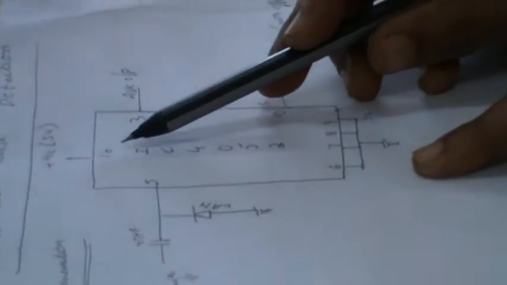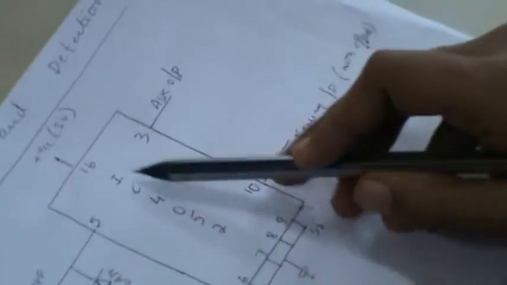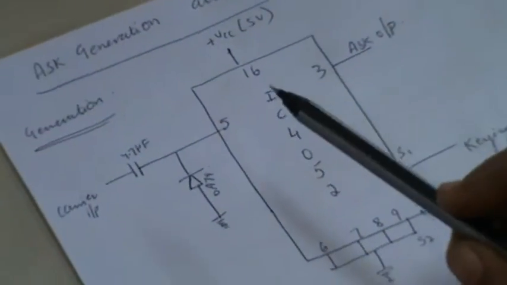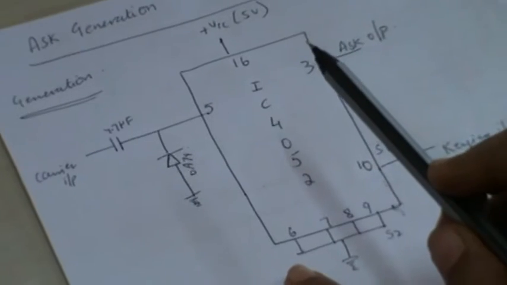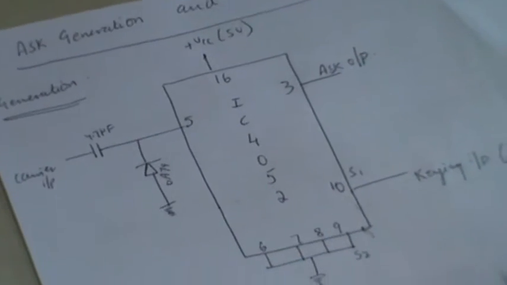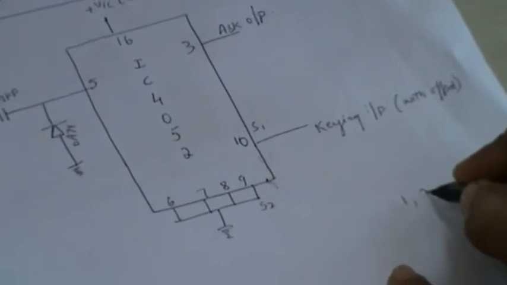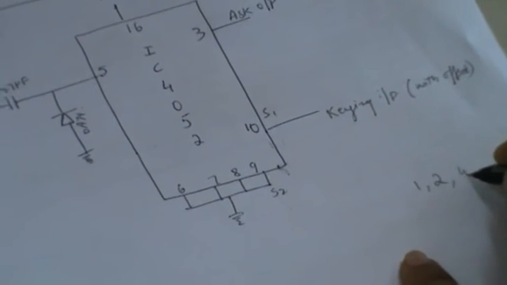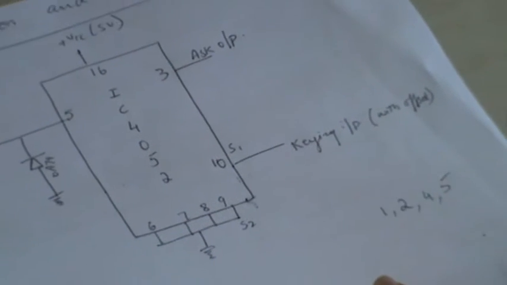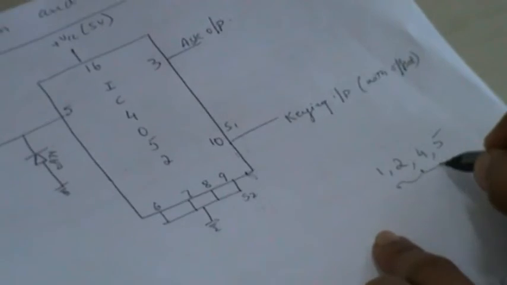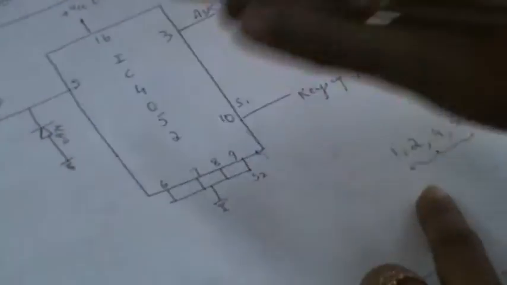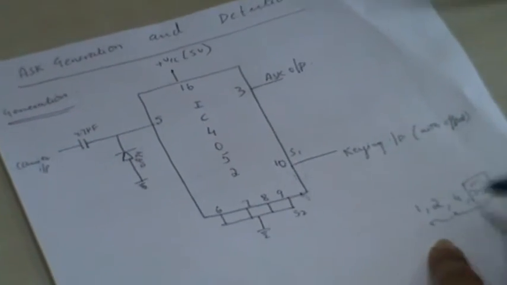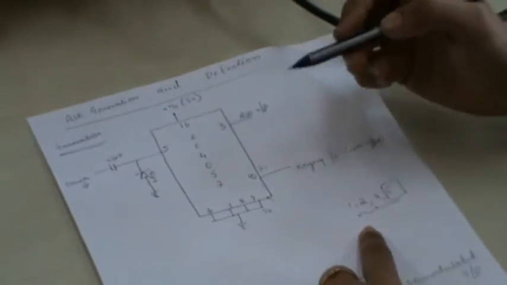This is a 16 pin IC in which you have 4 input lines: the first pin, second pin, fourth pin and fifth pin act as input lines. But in this experiment we'll take only the fifth pin for the input of the carrier signal.